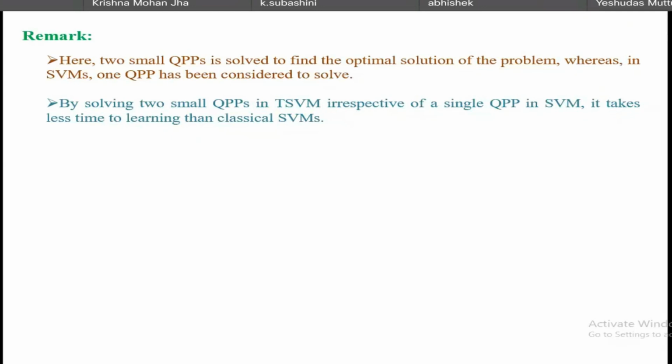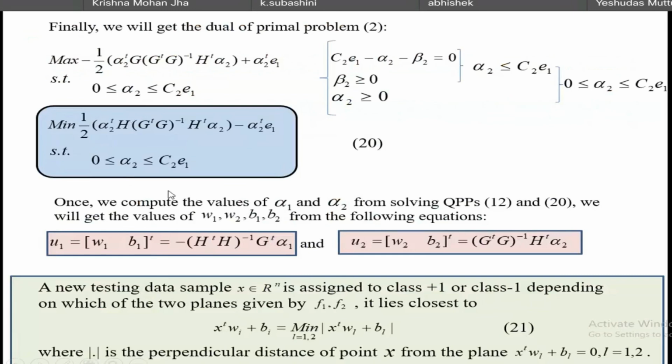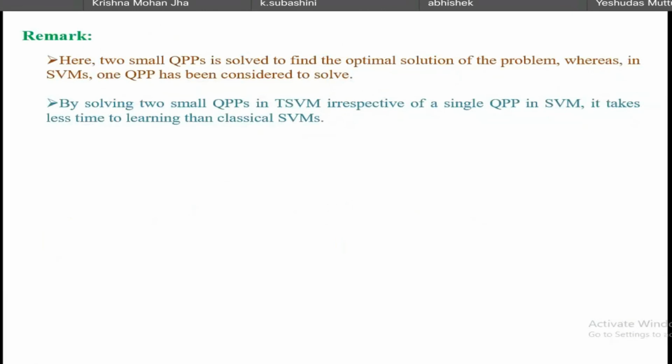M1 is the number of positive class samples, and M2 is the number of negative class samples. So we have smaller size QPPs compared to SVM. If we solve two QPPs of smaller size instead of a single QPP of the larger size, there is a theoretical proof that the total time will be lesser, about 4 times.